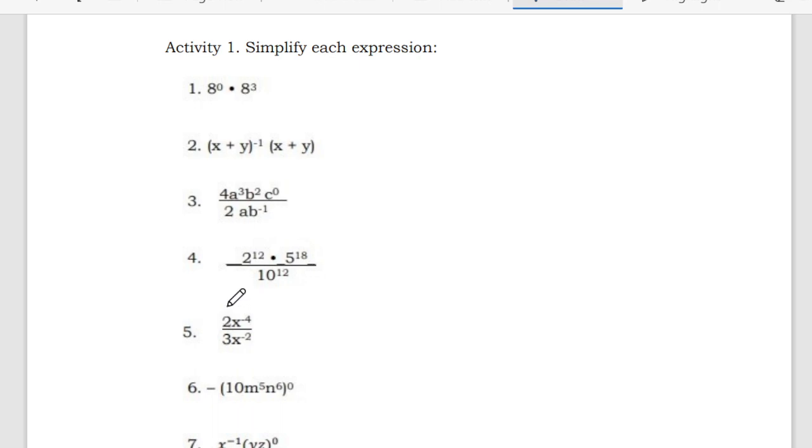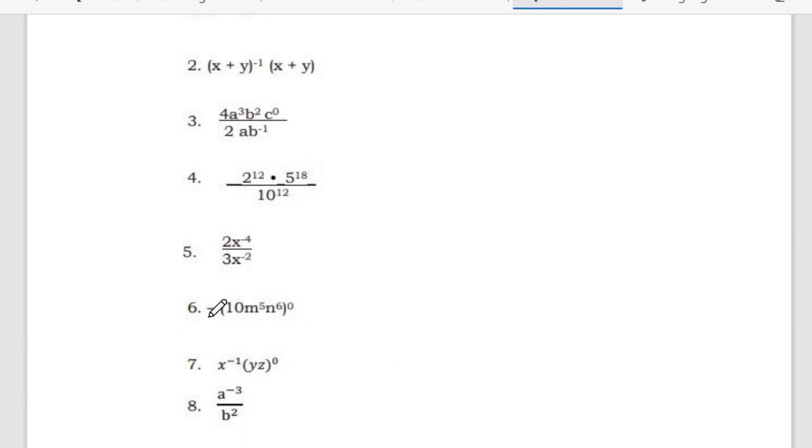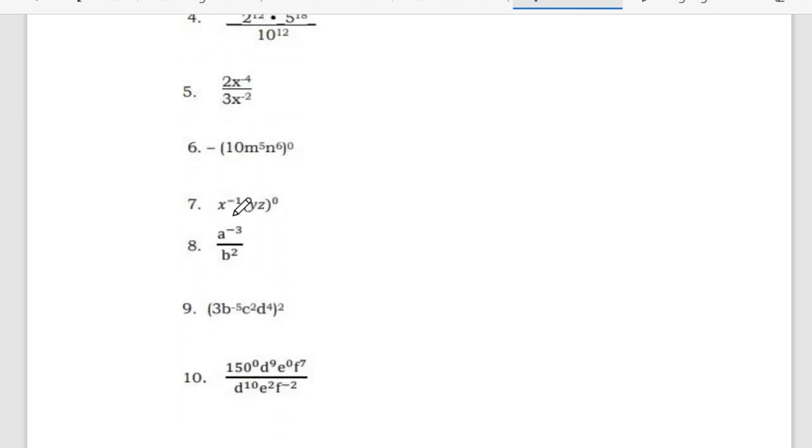The exponent of 2 is positive 1. So, only the x has a negative 4 exponent, and here has a negative 2 exponent. Well, here, the whole quantity raised to 0, but you have the negative sign outside. Here, the exponent of x is negative 1, while here, the whole quantity yz is raised to 0. Then, a raised to negative 3 and b raised to positive 2.